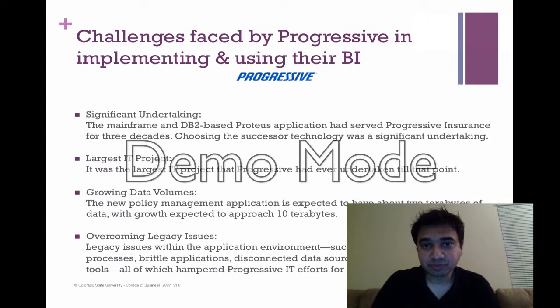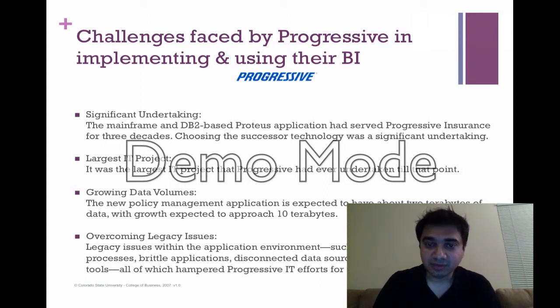Obviously, BI implementation is a large-scale endeavor, and there were challenges faced by Progressive while implementing and using their BI solution. Firstly, it was a very significant undertaking. They had a Proteus application which was mainframe and DB2 based, and this had served Progressive Insurance for 3 decades.